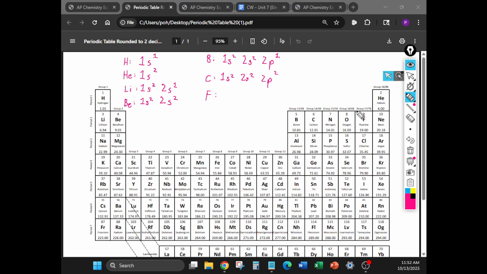So fluorine, again, do the ones underneath it first. It has 2 in 1s, so 1s2. It has 2 in 2s, so 2s2. It's in the p section, 2p, so 1, 2, 3, 4, 5. So it'll be 2p5.